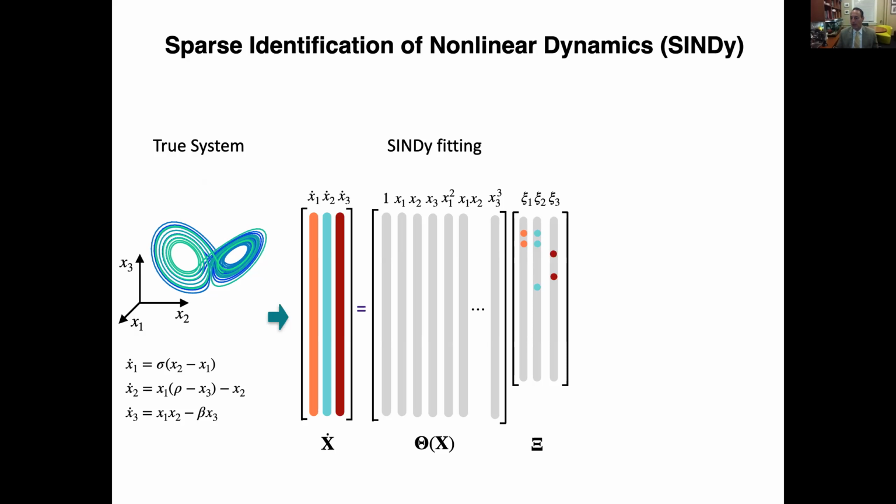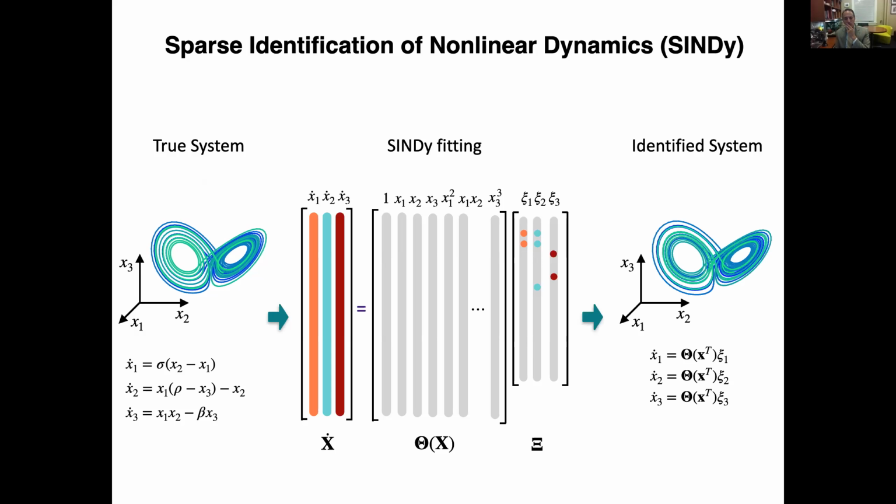There is noise that can affect your ability to do this, multiscale physics, all kinds of things. And I addressed some of them in the last lecture, but we've been working very hard since this original paper to overcome many of these obstacles. So again, once you've done this, you didn't know what the governing equations were. You now have an identified system, and it turns out you actually got back the system you started with.